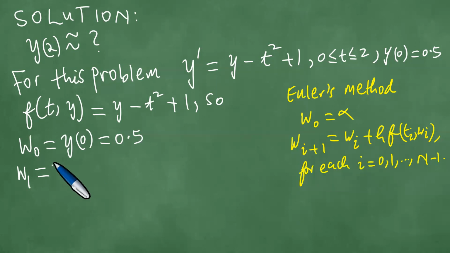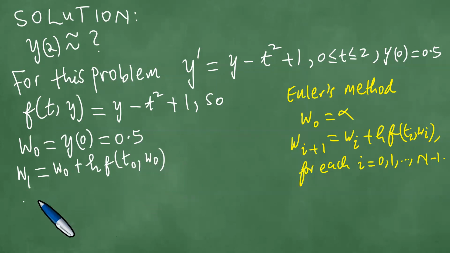And if i is 0, then we shall have W0 plus h, and then we have f of t sub 0, w sub 0, because i is 0, so it's t sub 0, W0, like so.